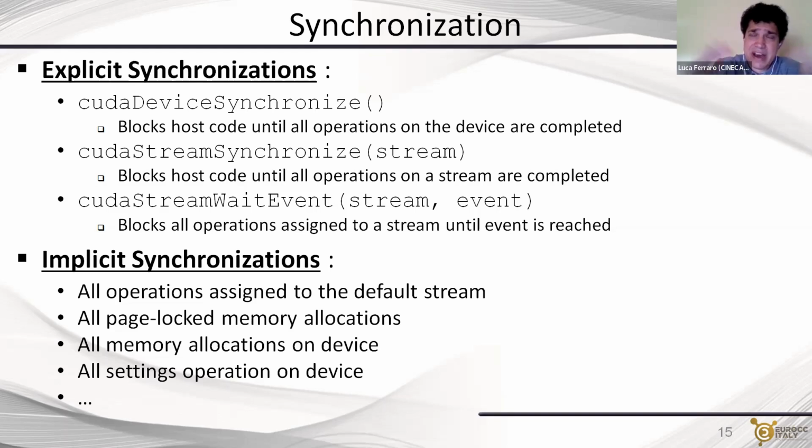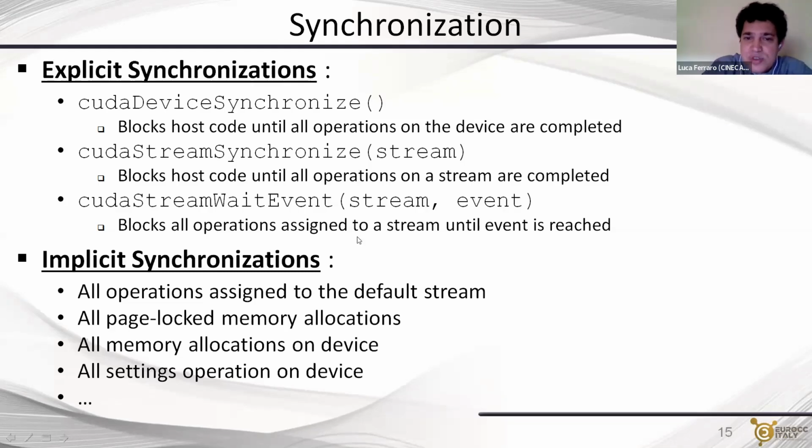It's a barrier on the host side, which will block the execution on the host side until all the work submitted to a device, whatever the streams, is done. You can refine this synchronization point, for example, focusing on just one stream. So you can block the host code with respect to a set of operations submitted to a particular stream. So this is a more selective barrier.